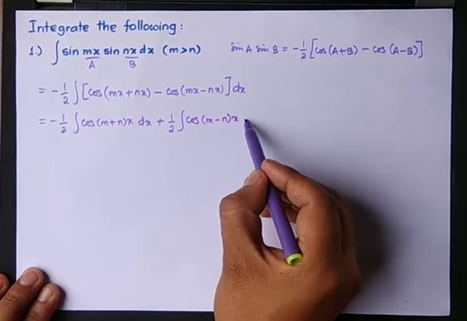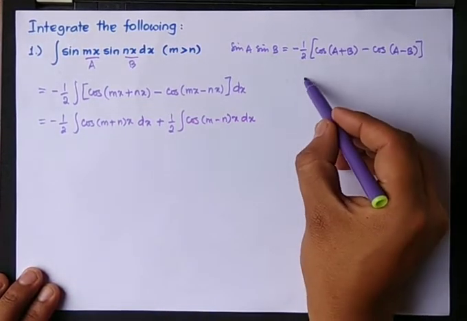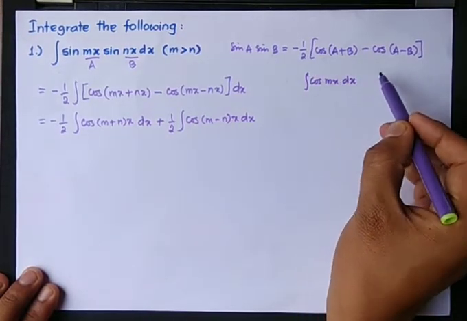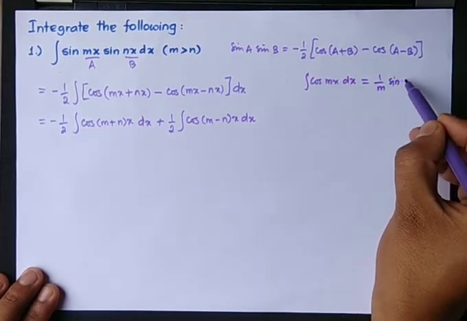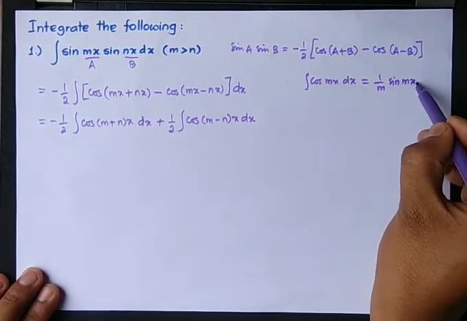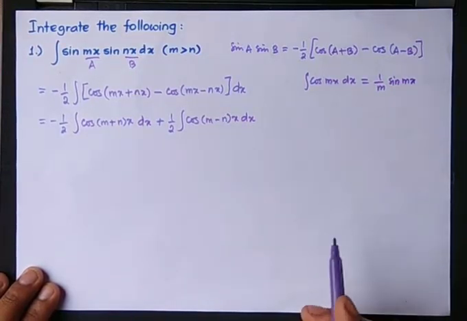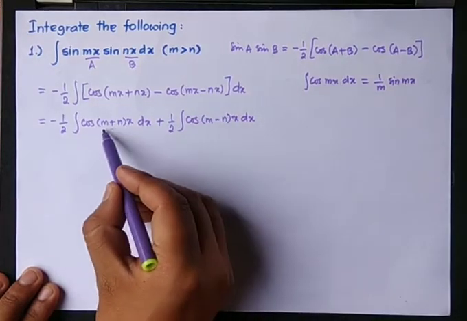n x dx, right? So we know that integral of cos mx with respect to x is given by 1 by m sine mx. Yes, so this is our integral formula. So let's apply this out here. So we have got m to be m plus n. So this m is equal to m plus n out here.